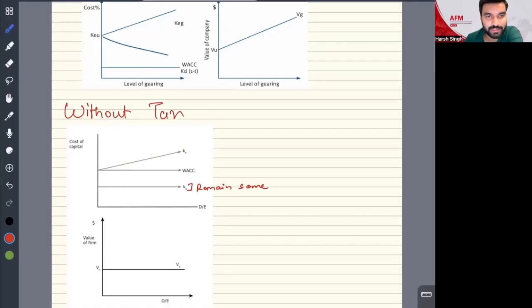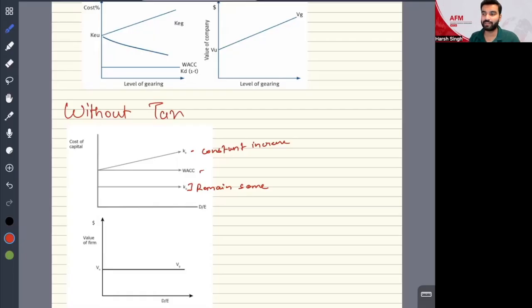Second argument, KE would increase at a constant rate. Okay, it would increase at constant rates. Right. Now, what they said is that the increase in KE would offset the cheaper debt. So your WACC will remain same.